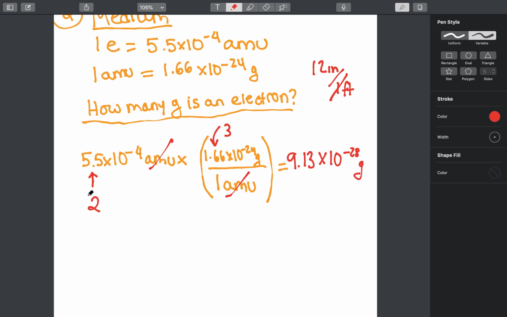So you have 2 and 3 significant figures here, and since you only have 2 significant figures, and when you multiply something, your product should have the same amount of significant figures as the measurement with the least amount. So therefore, instead of 9.13, it should be reported as 9.1 times 10 to the negative 28 grams.